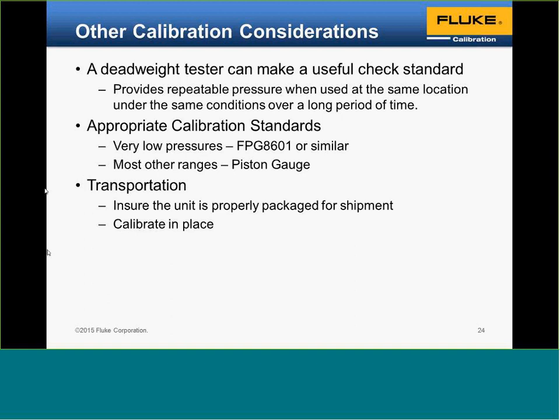This means having your own pressure standard like a piston gauge, or having someone like Fluke Calibration come in and calibrate it at your facility. Those options may only be viable in certain situations where the economics make sense. So many people are going to send it in for calibration. If you do so, make sure it's properly packaged for this event.